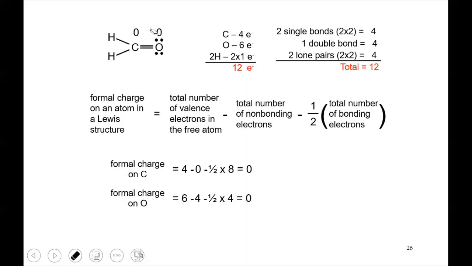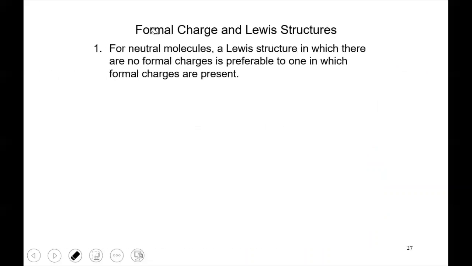Now, we did the calculation for both molecules. Now let's see how we use that, all right? And actually, this is what this molecule would look like if we did the valence state model. Number 1, for neutral molecules, a Lewis structure in which there are no formal charges is preferable to one in which formal charges are present, all right?